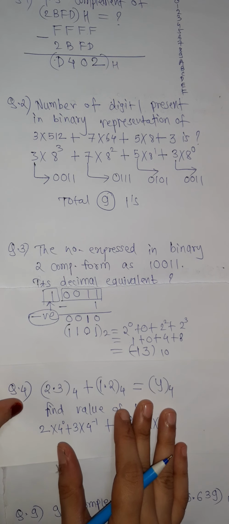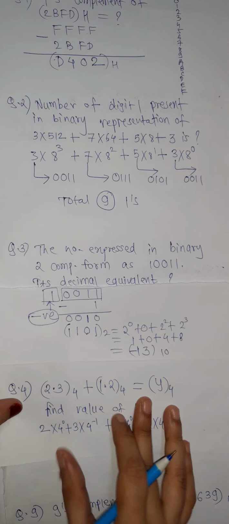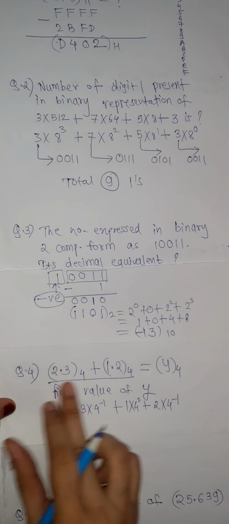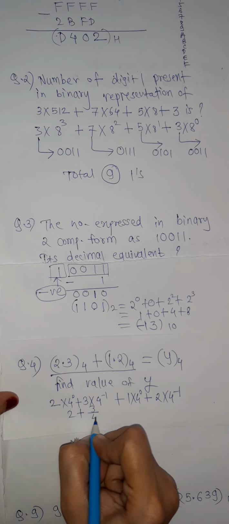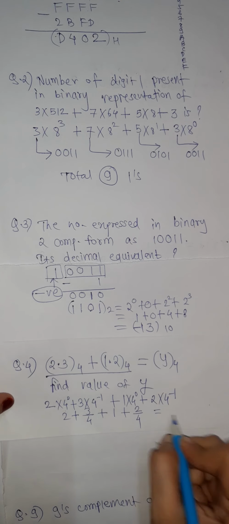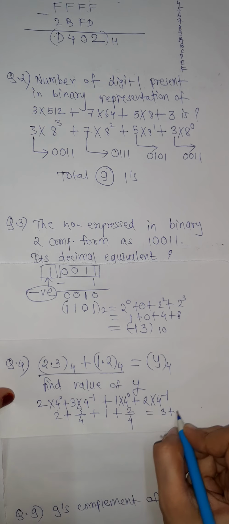And we will get the value of y. But first of all we will find the LHS, the left hand side. 2 into 4 raised to 0 is 2. 3 by 4 plus 1 plus 2 by 4. Now adding, 2 plus 1 is 3, and 3 by 4 plus 2 by 4 is 5 by 4.